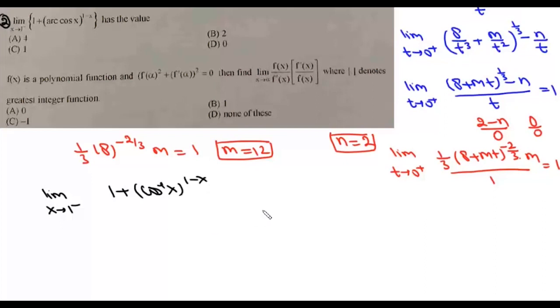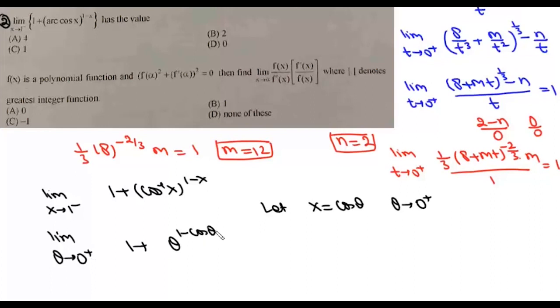Now in this what we'll do is we'll let x as cos theta. Now when x is 1, theta is 0. So from here we can say theta tends to 0 positive. So we can write this limit as limit theta tends to 0 positive 1 plus theta to the power 1 minus cos theta. Now this is 1 and here it is 0 to the power 0 form.